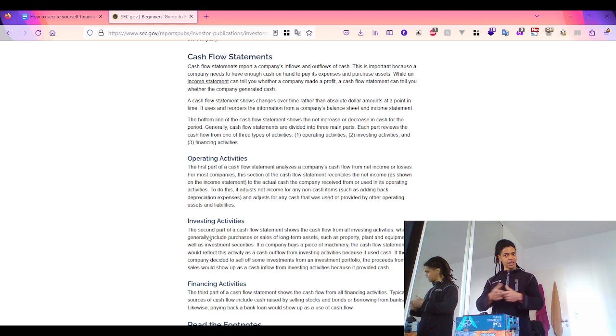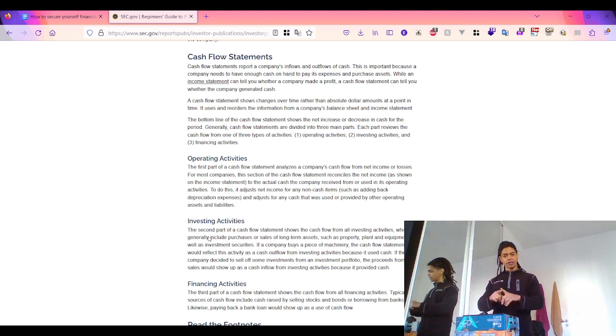The bottom line shows the net increase or decrease in cash, and it's generally made of three parts: operating activities, financing, and investing activities.